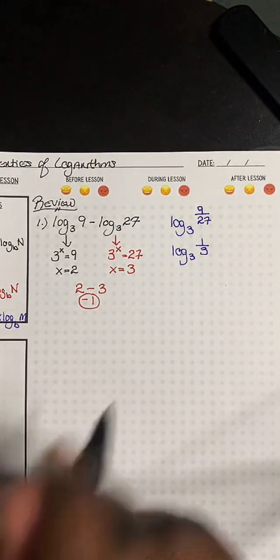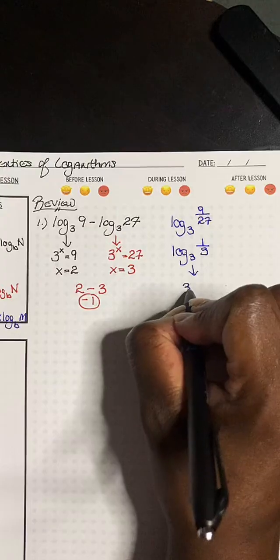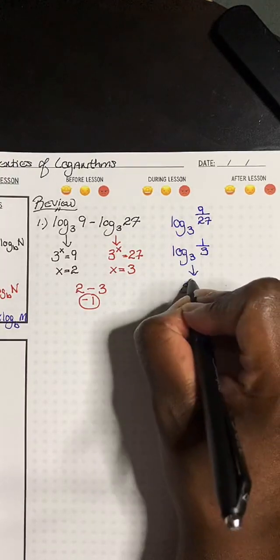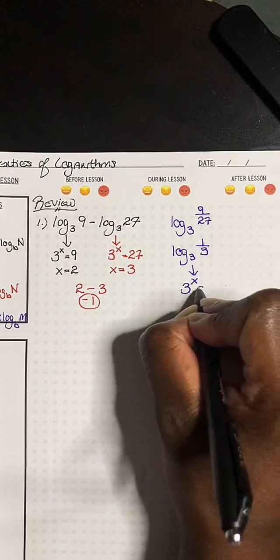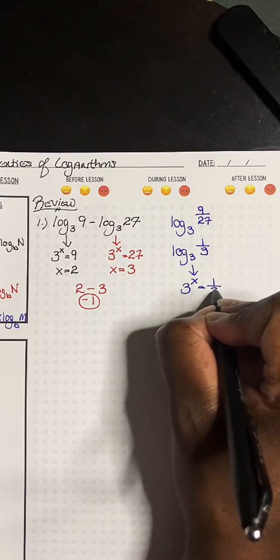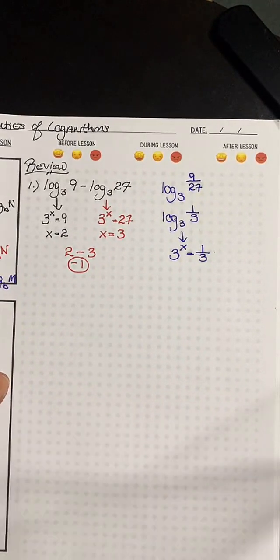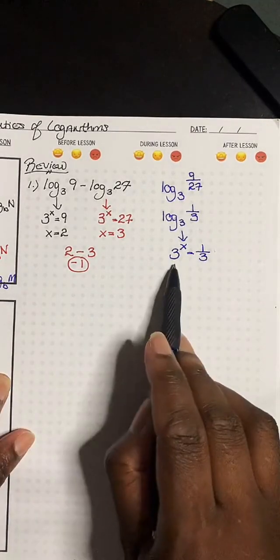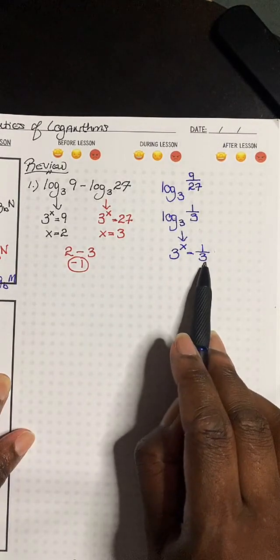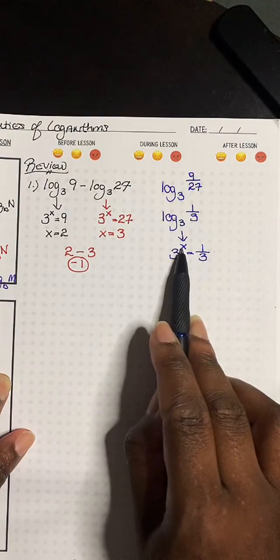If you think of it this way, this is saying that a base of 3 raised to what will give me 1/3. If you recall what happens with exponents, anytime you go from a whole number to a fraction, that means that exponent is going to be negative.